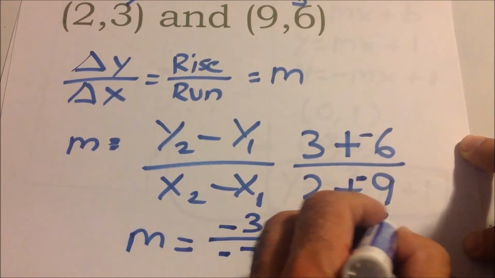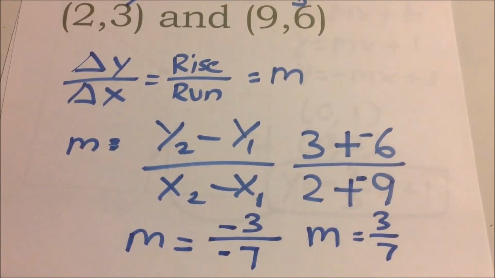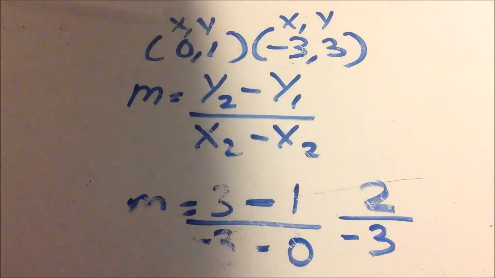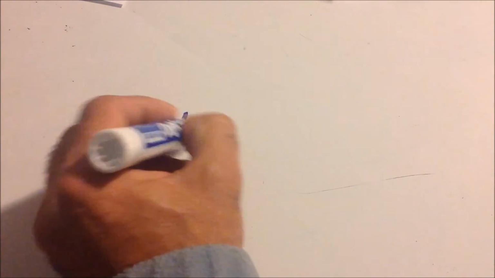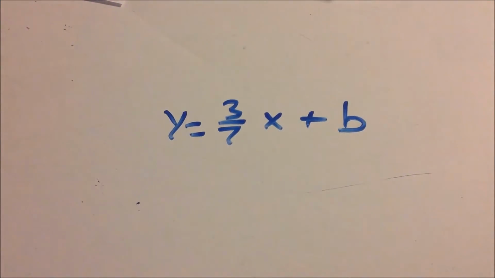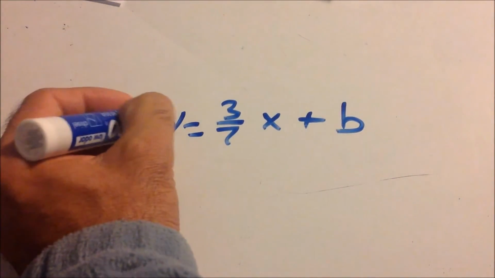So the slope will be 3/7. That's the slope, 3/7. So on our equation now, we can say, for these 2 points, we're saying y equals 3/7 x plus b. That's how we got the slope.